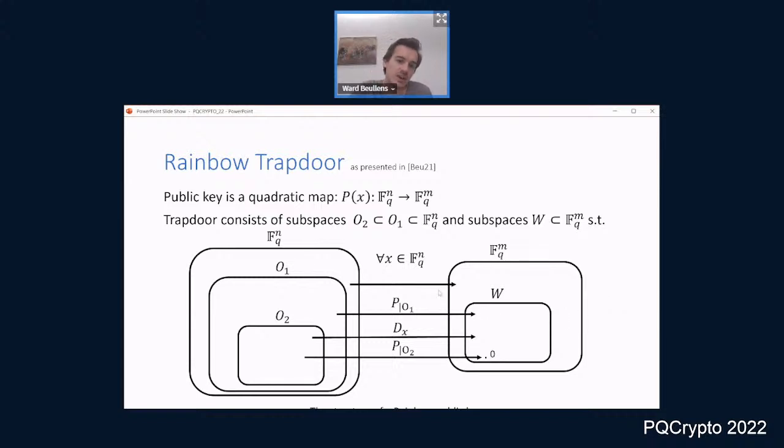Again, this is for Rainbow with 2 layers, but you can generalize this to Rainbow with many layers, and then you just have longer chains of subspaces. Here we only have O2 in O1, but these chains can be arbitrarily long. The parameters that were submitted to NIST only have 2 layers, so that's why we focus on them here.